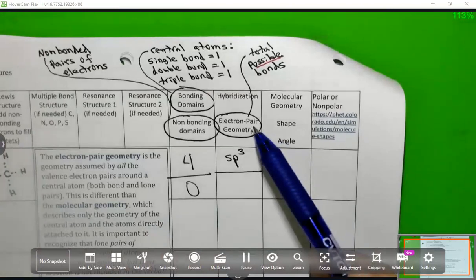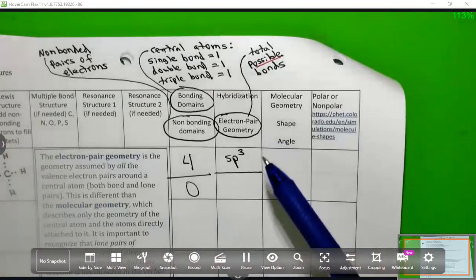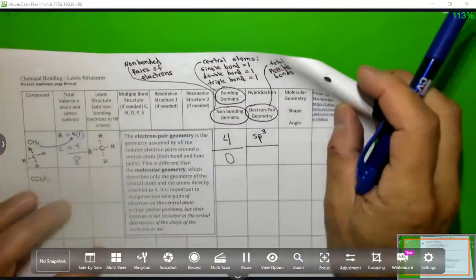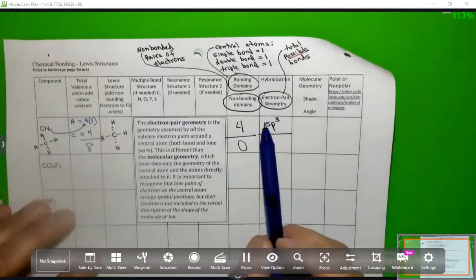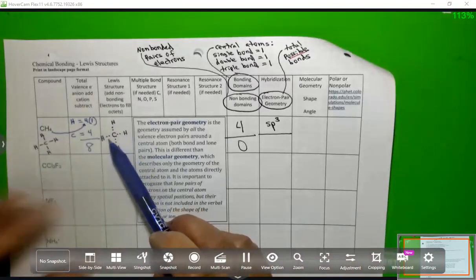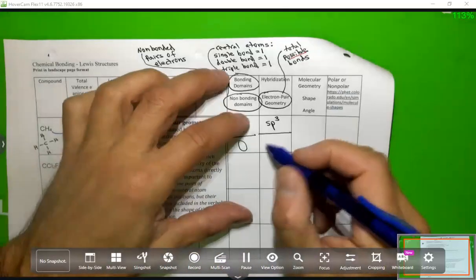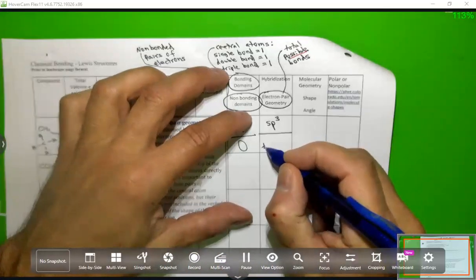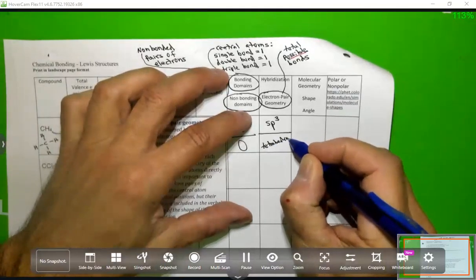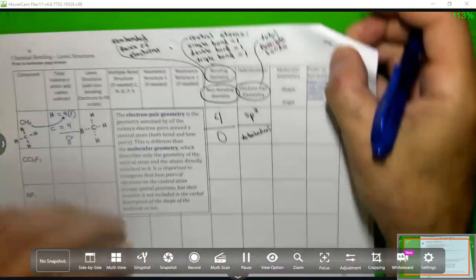My electron pair geometry just represents my total possible bonds I can have. And in this case, I have 4 pairs of electrons. I have 4 bonds. This is tetrahedral.